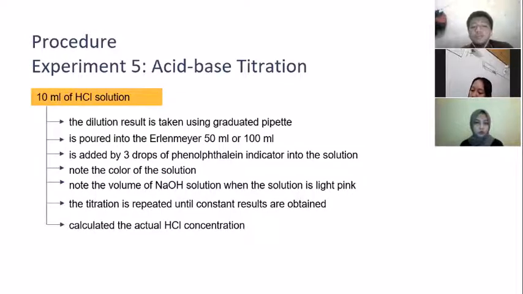Note the color of the solution and note the volume of natrium hydroxide solution when the solution is light pink. The titration is repeated until constant results are obtained, and calculate the actual hydrogen chloride concentration.